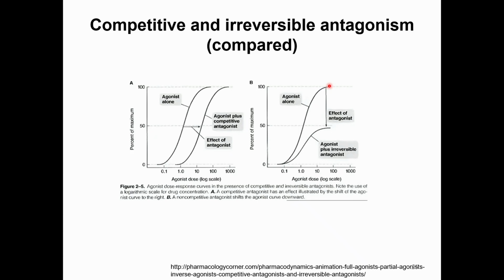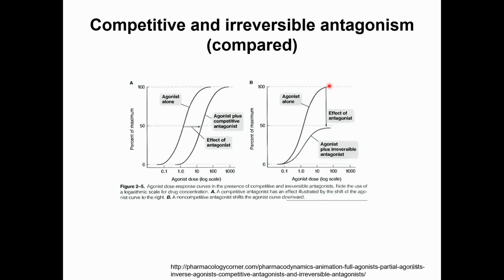So what would make an irreversible antagonist? How about if you had a drug that could never dissociate from the receptor site? Physically impossible to dissociate from the receptor site. How would you do that? Well, there are a few drugs that actually bind to a receptor and then make a covalent link.